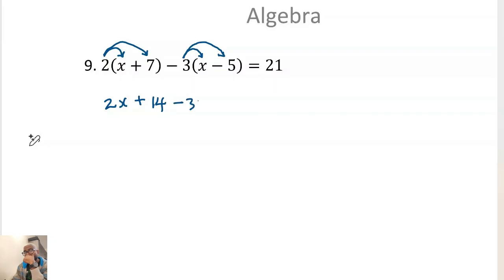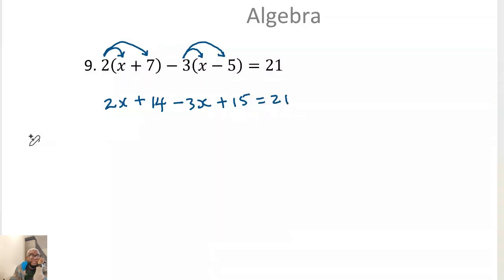Negative. And negative 3 multiplied by negative 5, Ramo. Negative 15. And negative multiplied by negative is a positive, Ramo. This will be plus 15 is equal to 21.